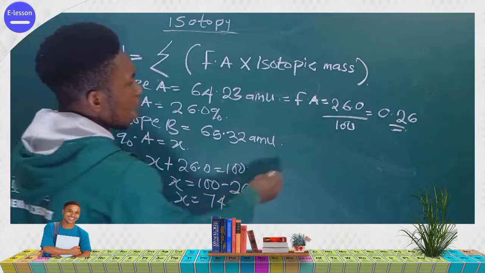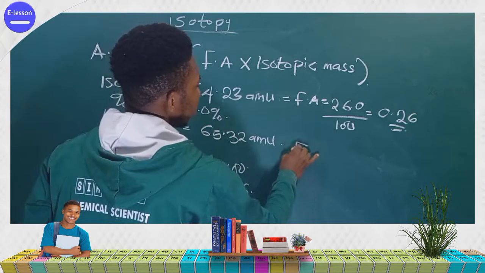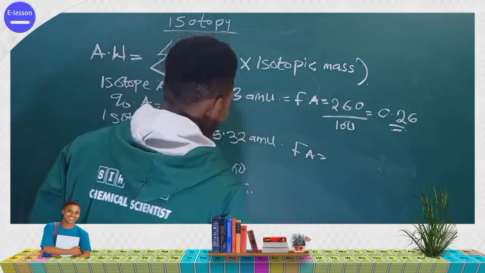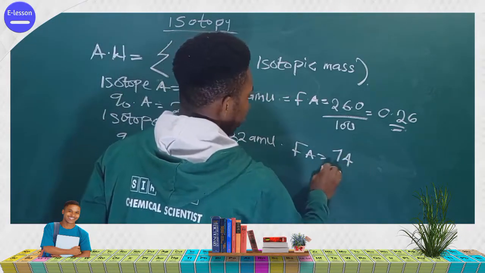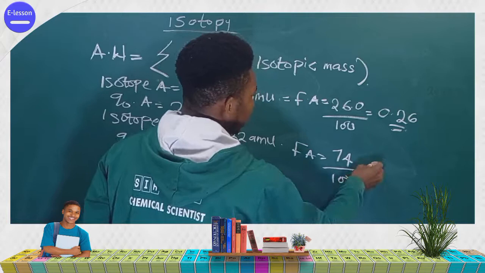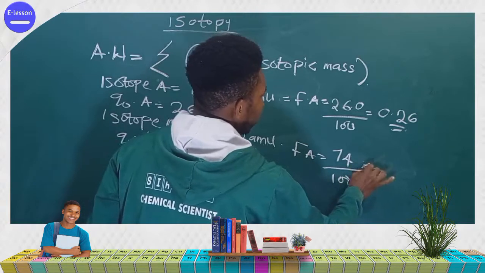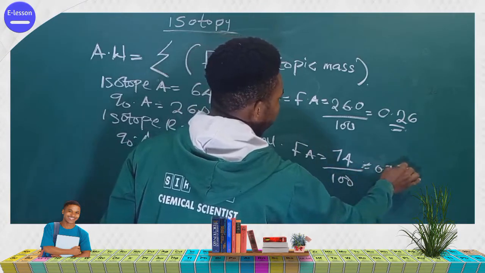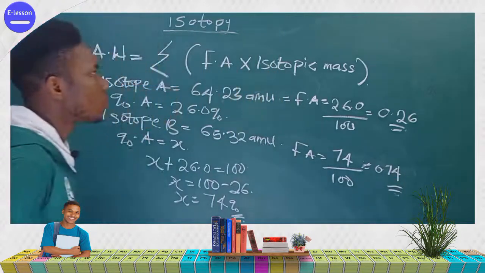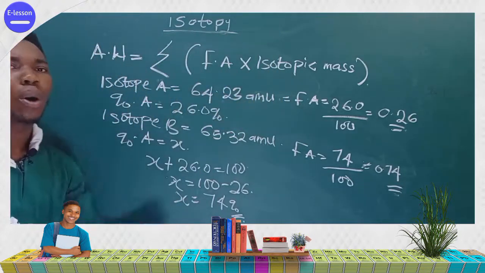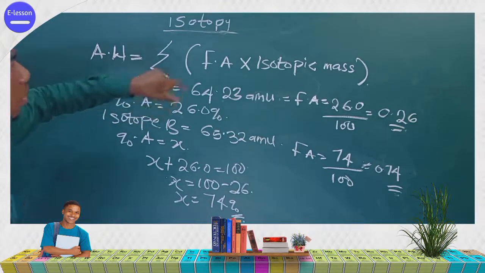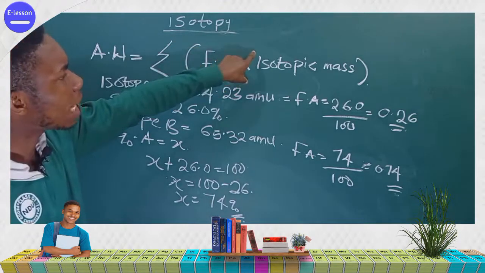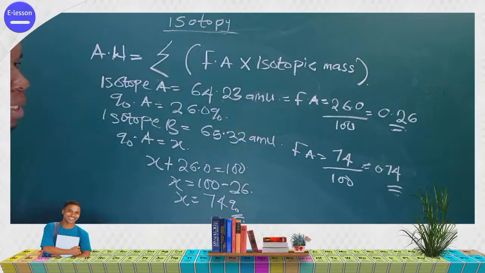For isotope B, the fractional abundance is 74 divided by 100, which is 0.74. Having gotten all this, the next step is to multiply the fractional abundance by the isotopic mass and add them together.